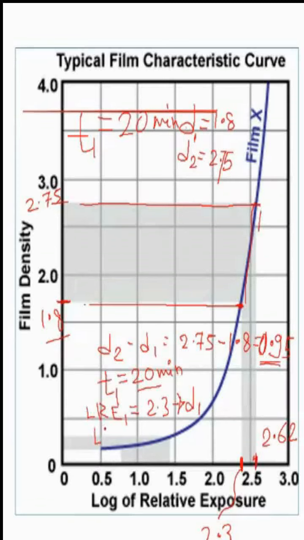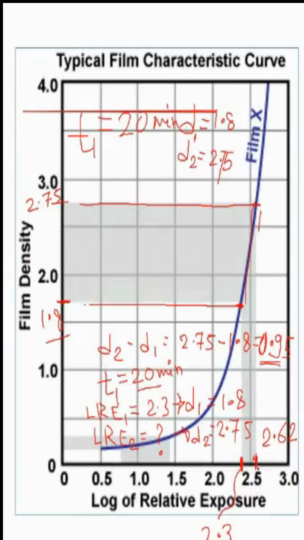What we want is a density D2 of 2.75. This was 1.8. That means we want to increase the density from 1.8 to 2.75, so we should find what LRE2 should be.